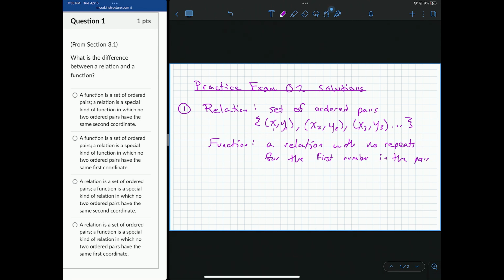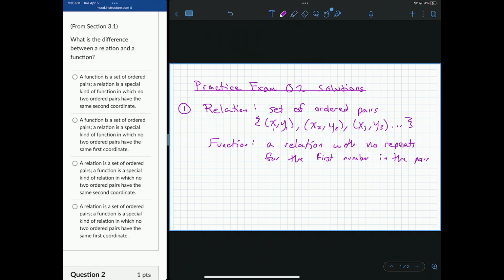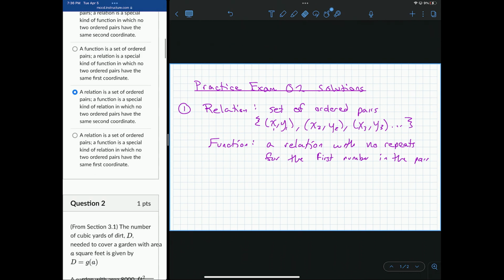So you just read the 4 options here, and one of those will be correct. Let's see what the first one says. A function is a set of ordered pairs. Nope. I mean, it is, but if you look at the bottom two, it says a relation is a set of ordered pairs. A function is a special kind of relation, right? So it's got to be one of these. And this third option says a special kind of relation in which no 2 ordered pairs have the same second coordinate.